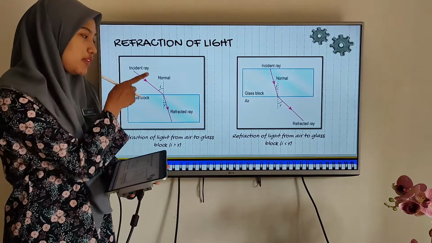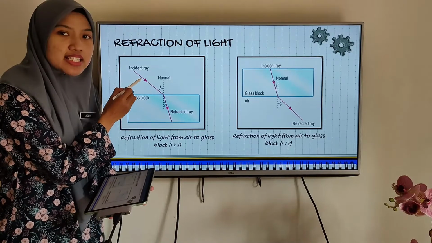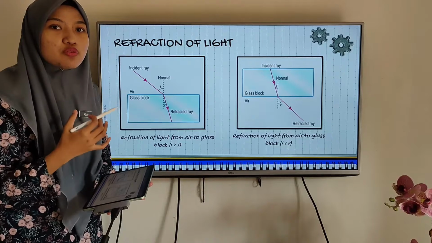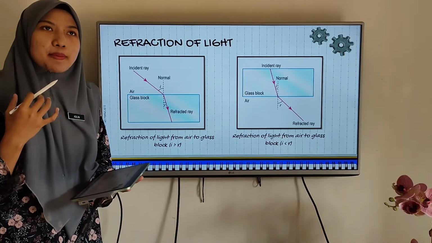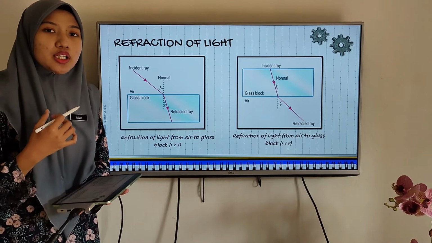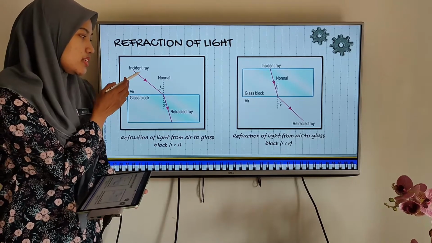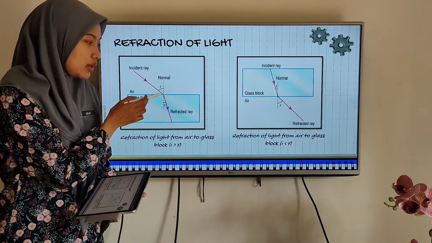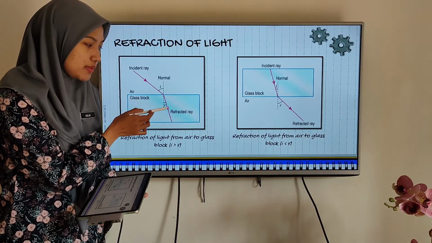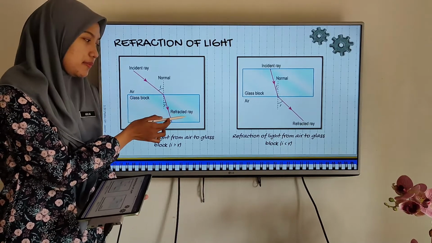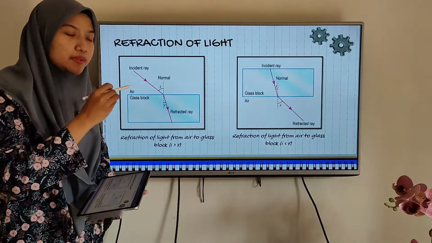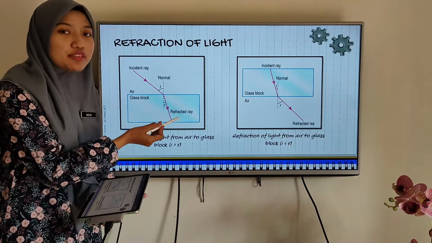So for the refraction of light, this is the incident ray, which is the light from the sunlight or from a source, for example, a lamp. So, the incident ray, and when it passes through to another medium, it becomes the refracted ray. This is the normal line, which is the line at the point between the incident ray and the refracted ray.